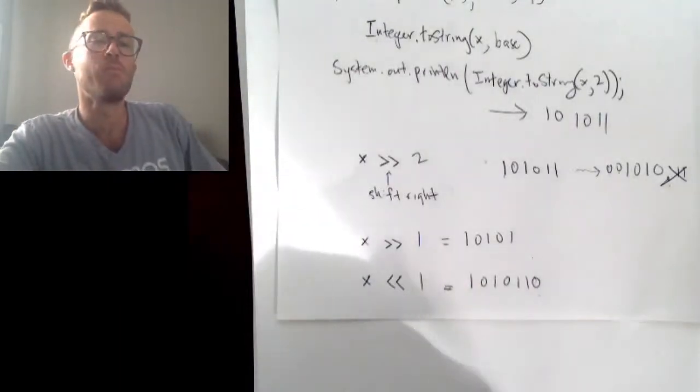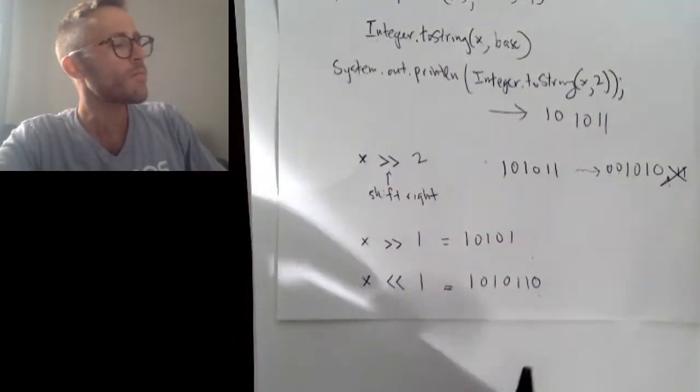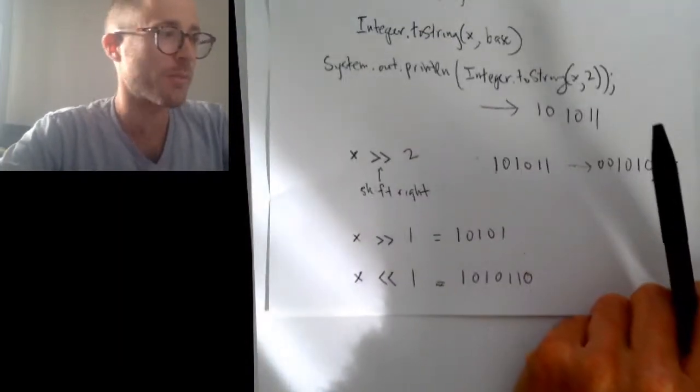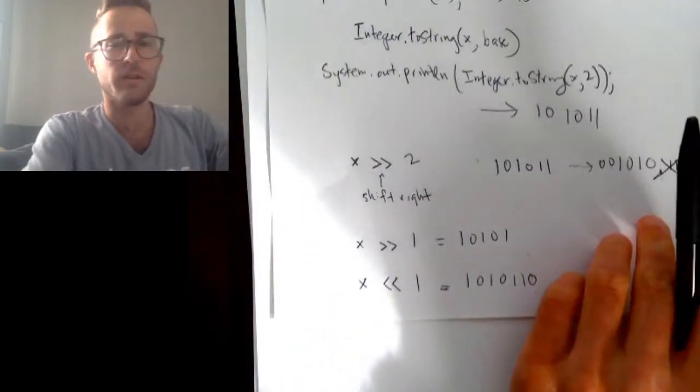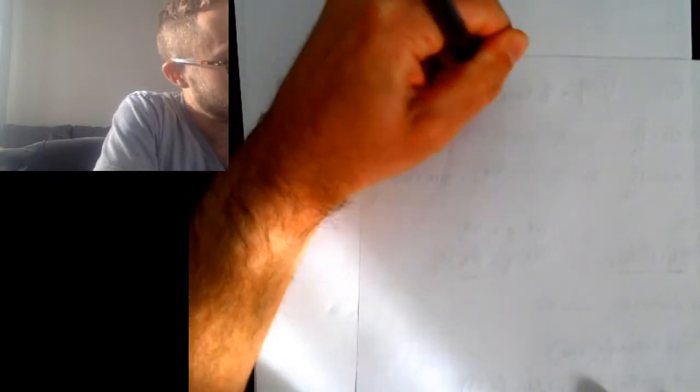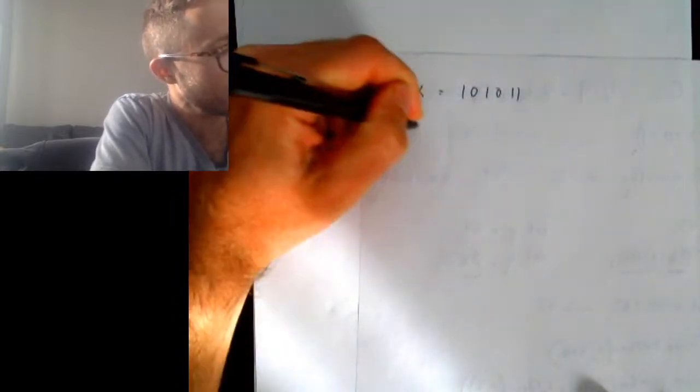Okay. So those are examples of what are called bitwise operators. And there's some more. Let me just copy down what x and y were one more time. x is 1, 0, 1, 0, 1, 1, and y is equal to 1, 0, 1, 1, 0, 0, 0, 1.